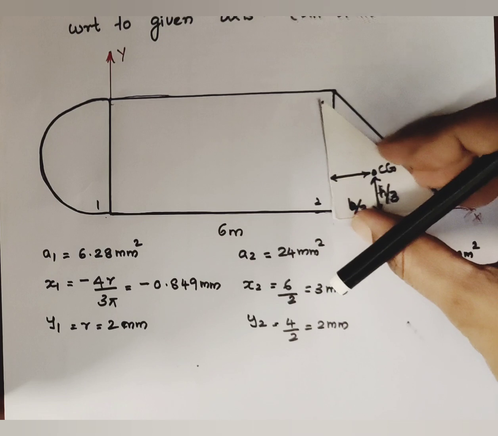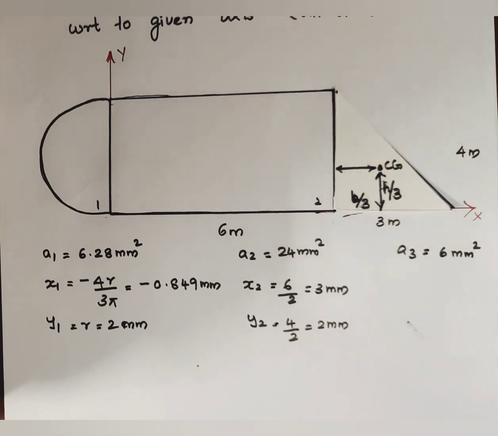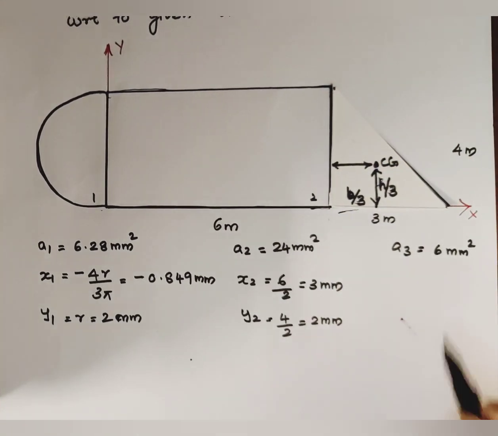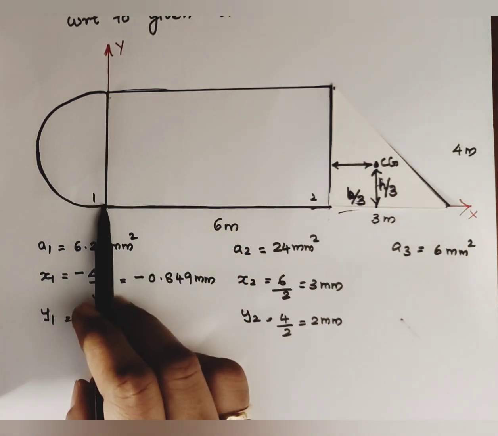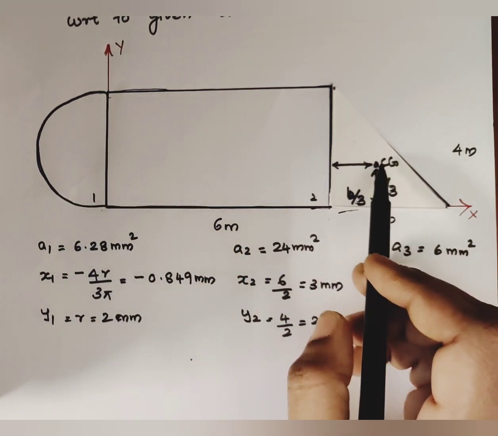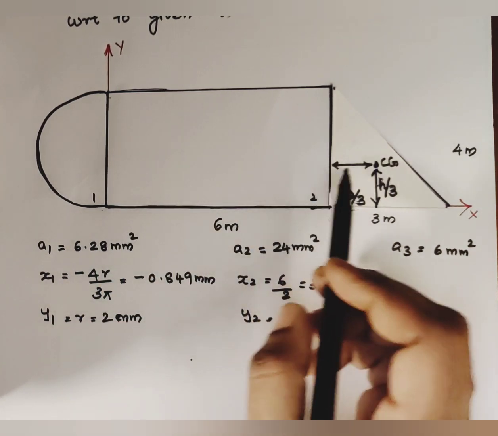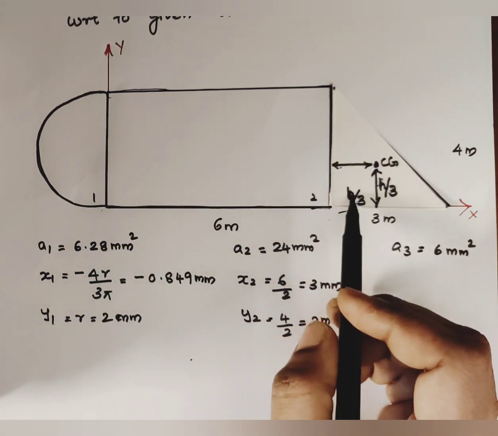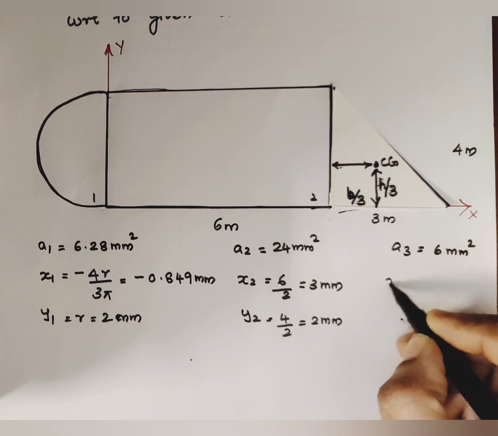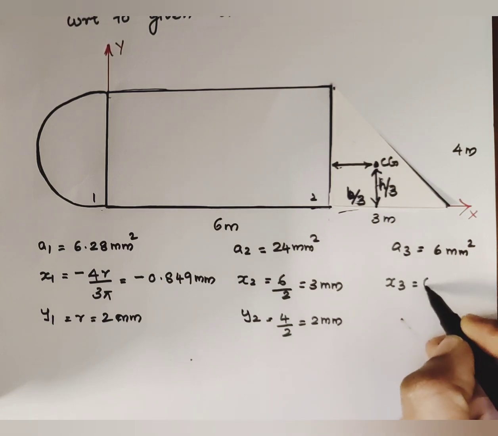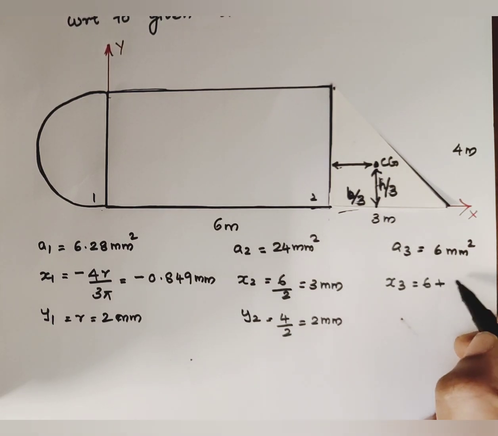So next is a triangle. With respect to this OY axis, the centroid is here. So we have to measure this length. This is 6, and 6 plus this length, which is equal to b by 3. So x3 is equal to 6 plus b by 3, where b is equal to 3, 3 by 3.